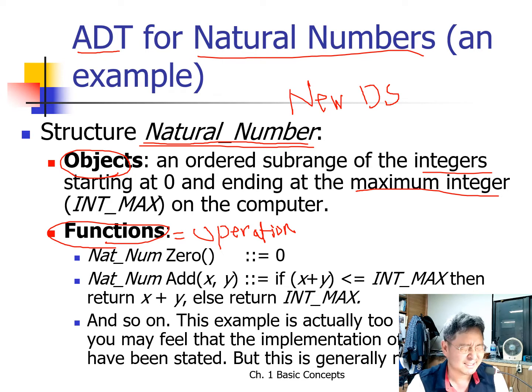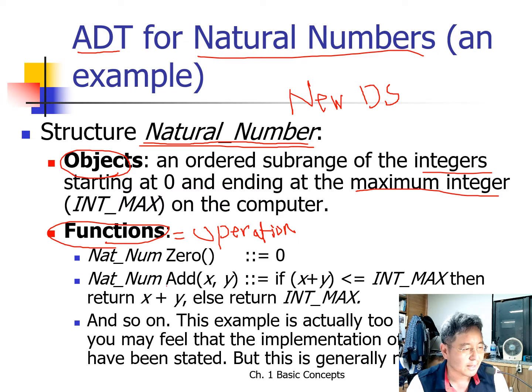So it is the definition of a natural number. Natural number means a positive integer number including 0. This object definition describes that. And also functions: what kind of operations can we apply to natural numbers?